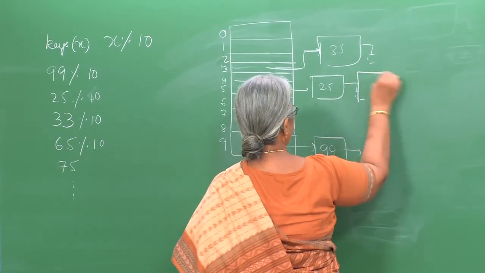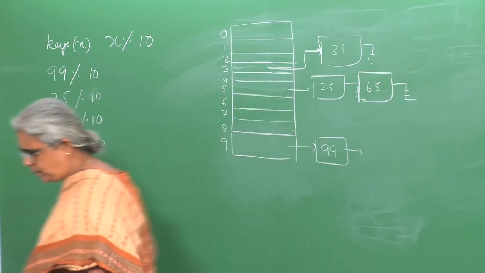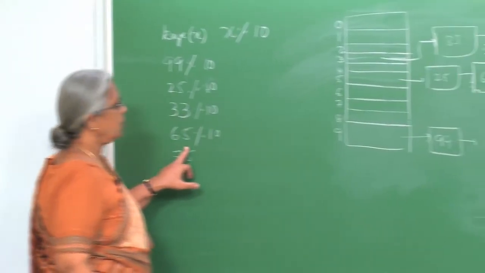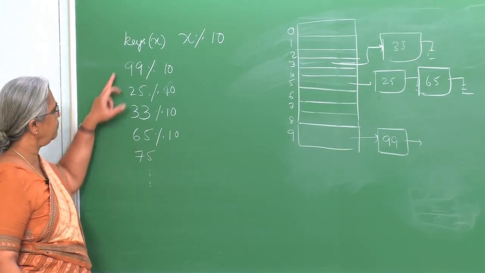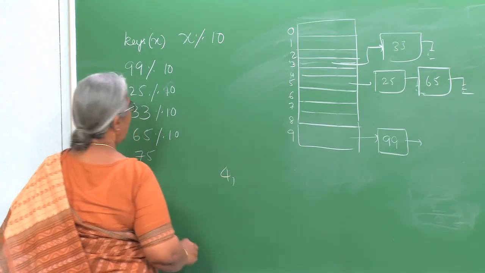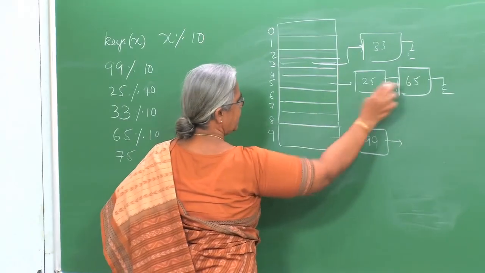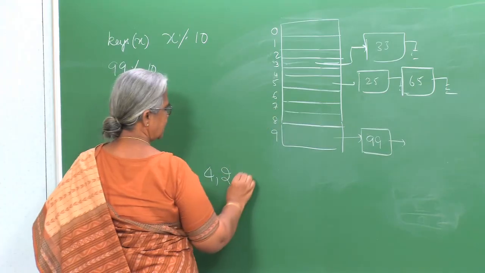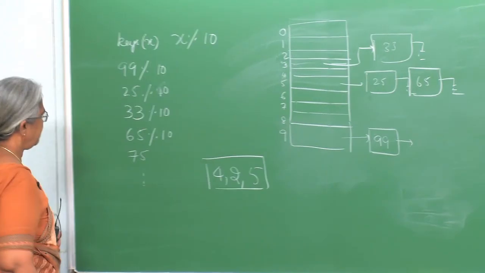We put 65 here, and as part of the program, the assignment says that as soon as you find a collision, give the position in the input where the collision has occurred. Therefore 1, 2, 3, 4, this is the 4th element, and the number of elements in that particular bucket, let us say 2 here, and the index of the bucket. So it is a 3-tuple answer. This is what is expected.